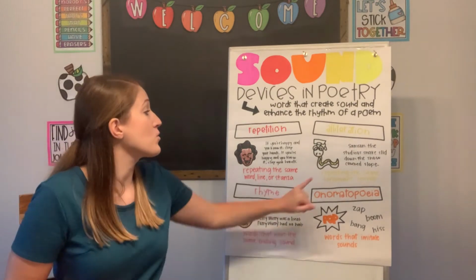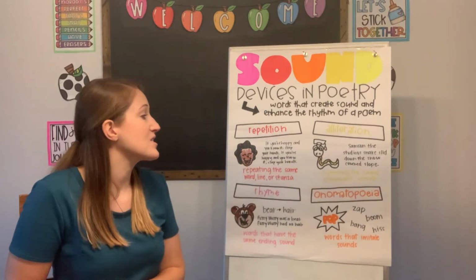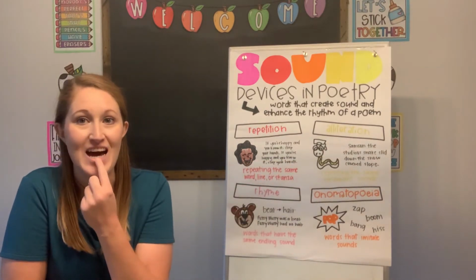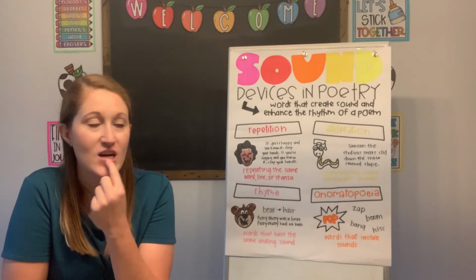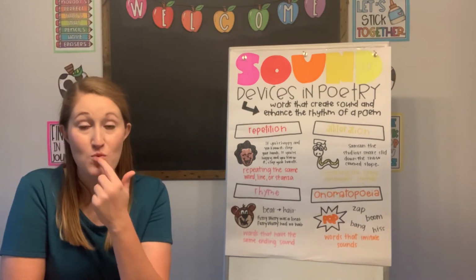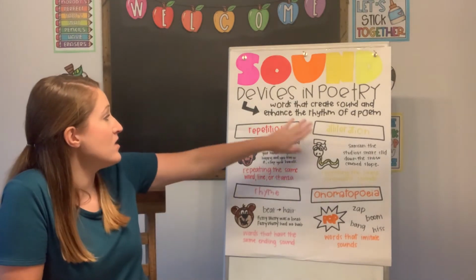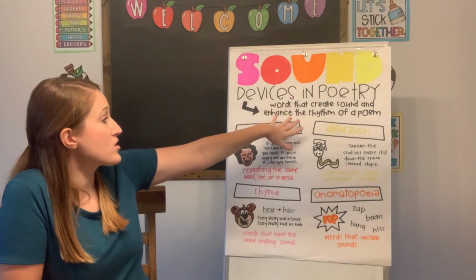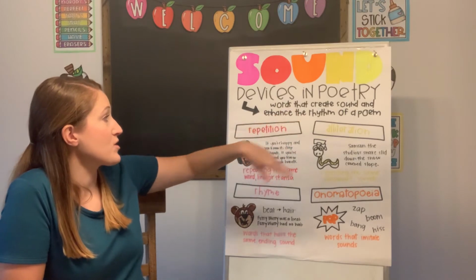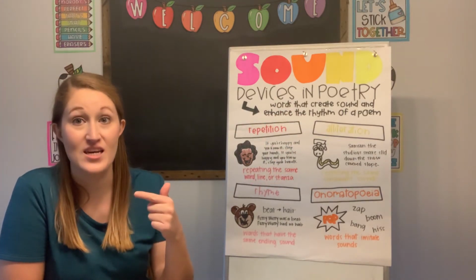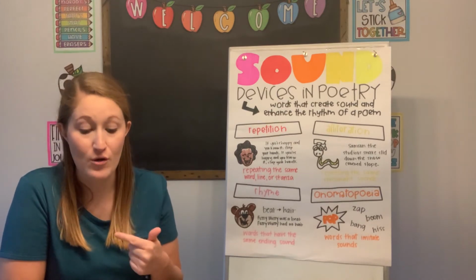An example would be, Samson the studious snake slid down the snow-covered slope. We hear that consonant S over and over. That's alliteration, when we hear that sound, okay? Those words help to create that rhythm that we're hearing, the consonant sound being repeated over and over.